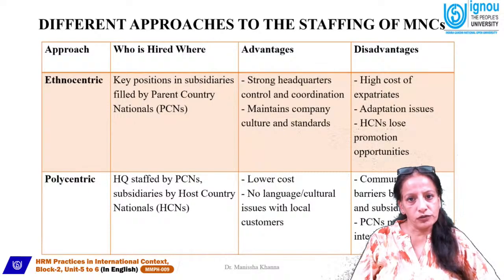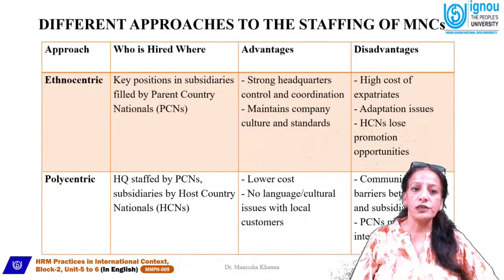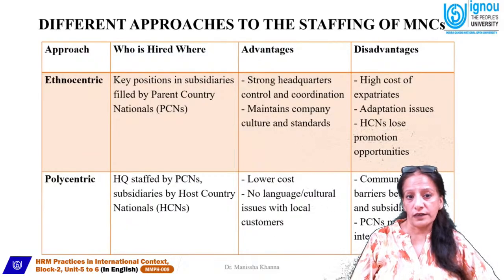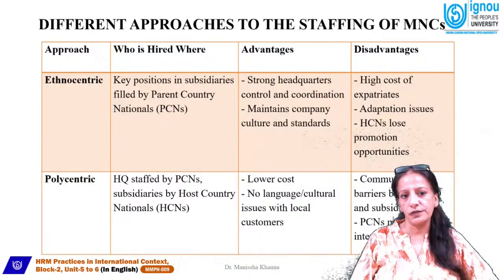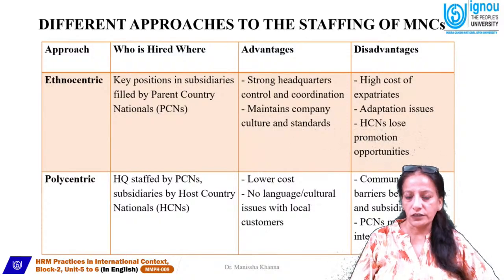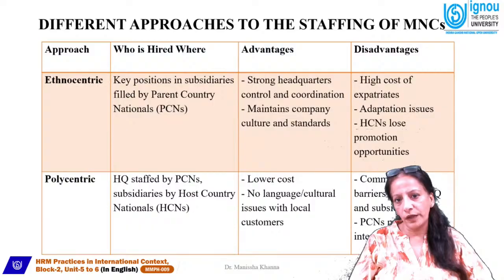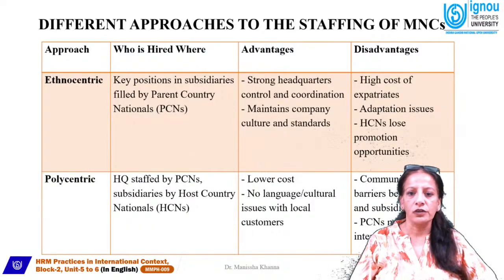There are different approaches when it comes to staffing of multinational corporations. The first approach is ethnocentric. Who is hired where? The key positions in the subsidiary are filled by the parent company, that is PCNs, parent country nationals. The advantage is strong headquarters control and coordination, because they are from the parent organization.